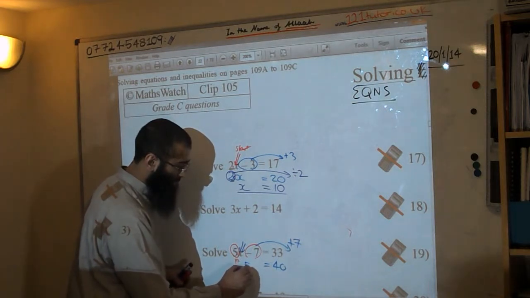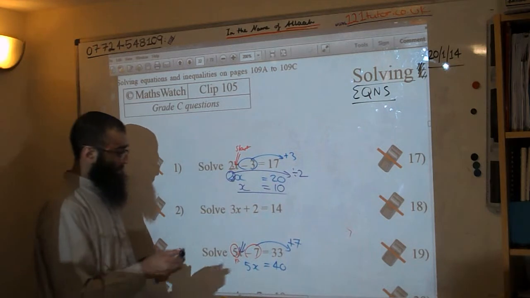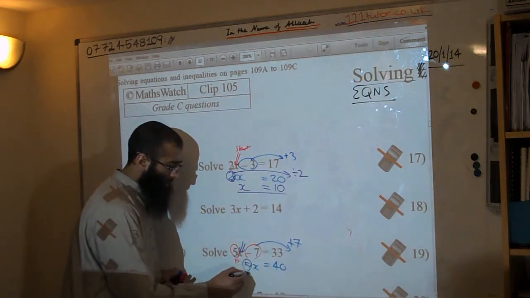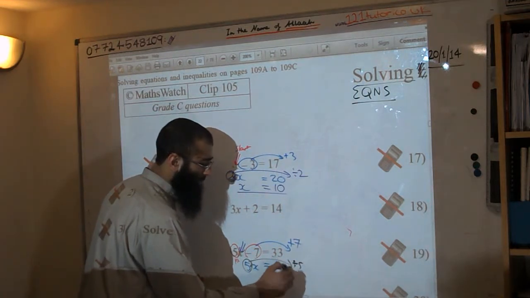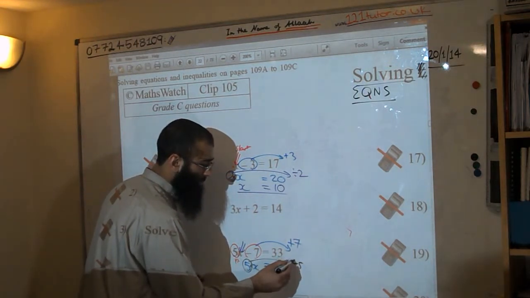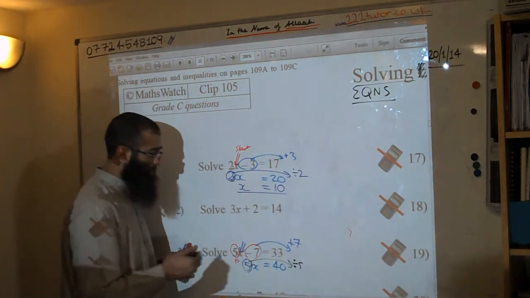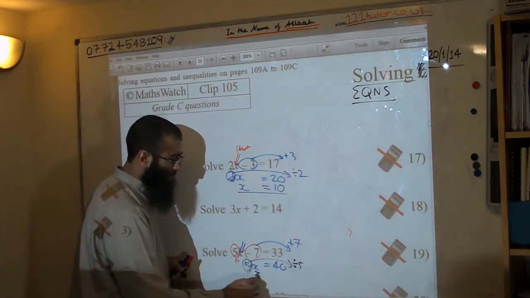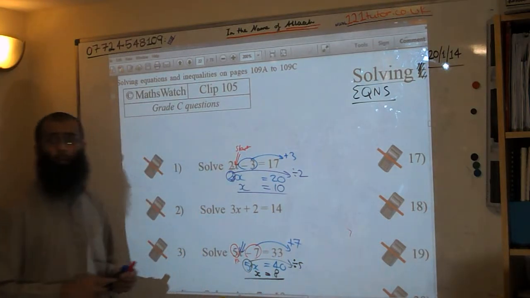Let's just write it down first, 5x equals 40. So we have now 40 divided by 5. So x is equal to 8.